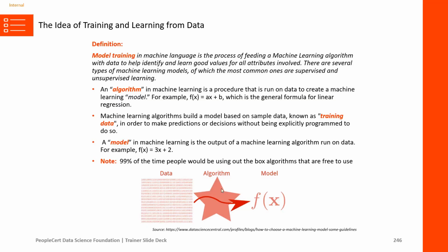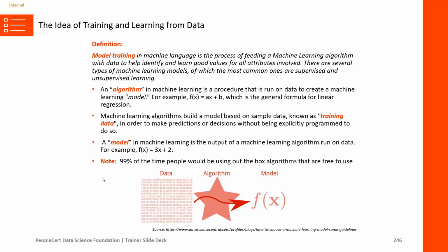When you have your data interacting with your algorithms, the model is the output of your machine learning algorithm which runs on the data. So in this example, if your algorithm was f(x) = ax + b, your model is f(x) = 3x + 2. So this is your model.